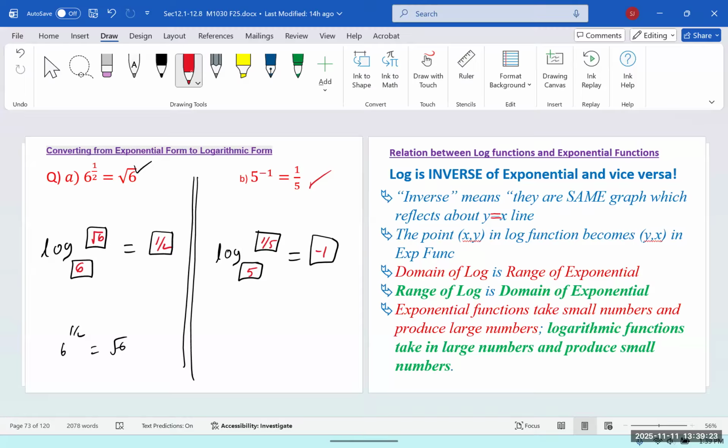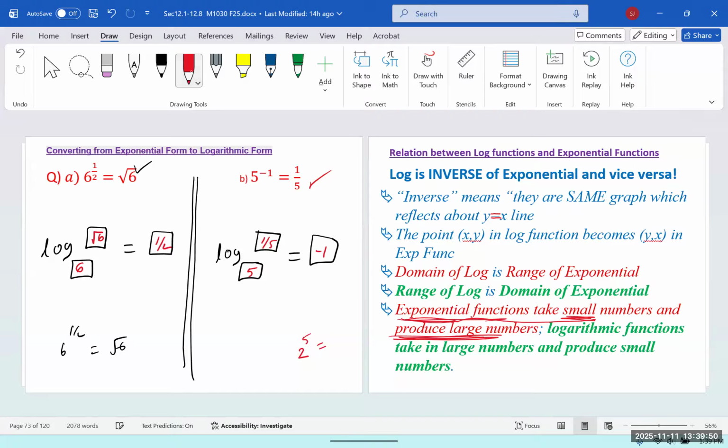Also, another huge difference is that, see, there are many differences. One of the visible differences is that exponential functions take a small number but give us a huge result. It produces a big number. For example, 2 to the 5.